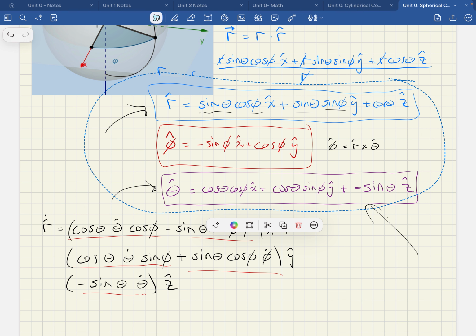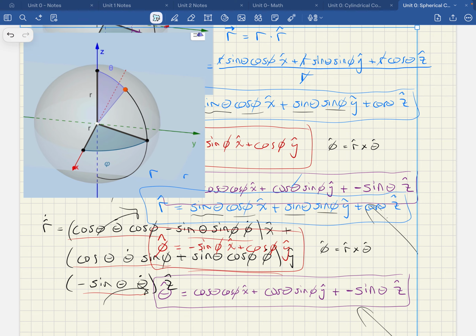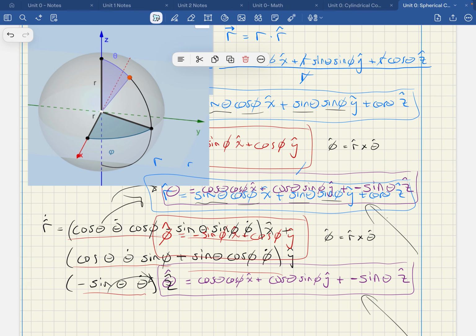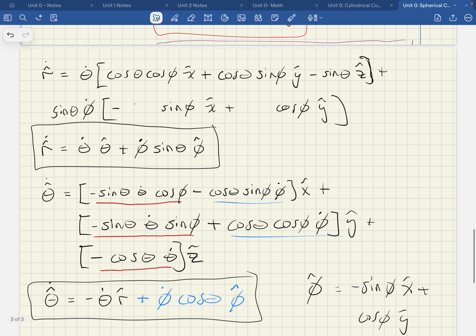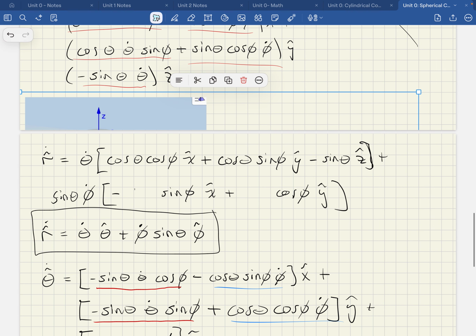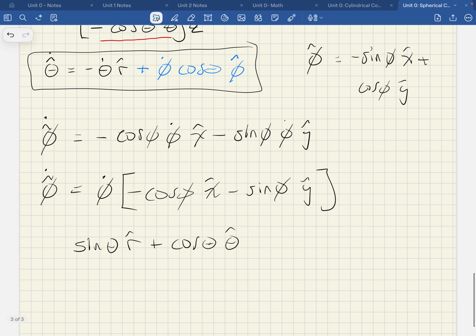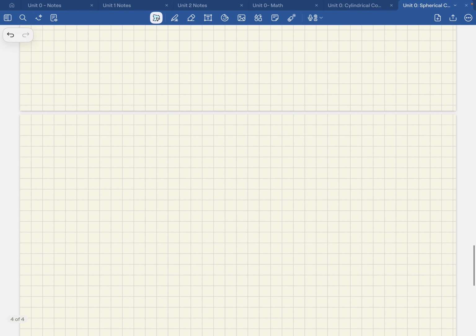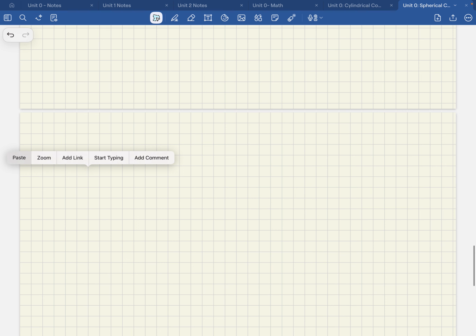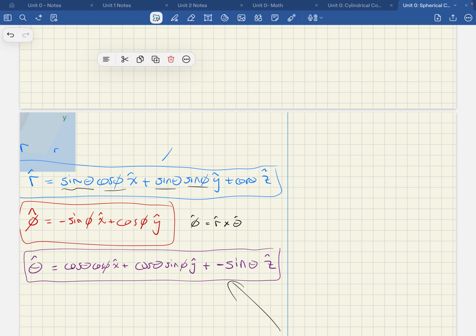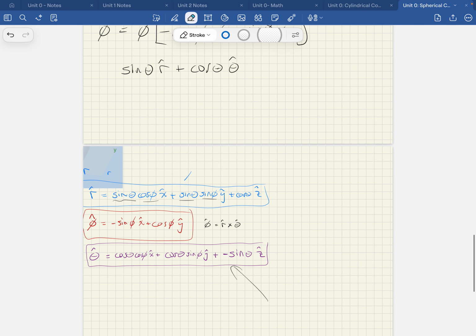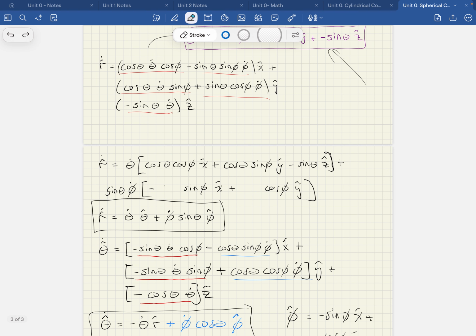To help me out, I'm going to duplicate this, and, I can't bring it to a new page. Fine. Can I paste it? Okay, that worked. Okay, bear with me.